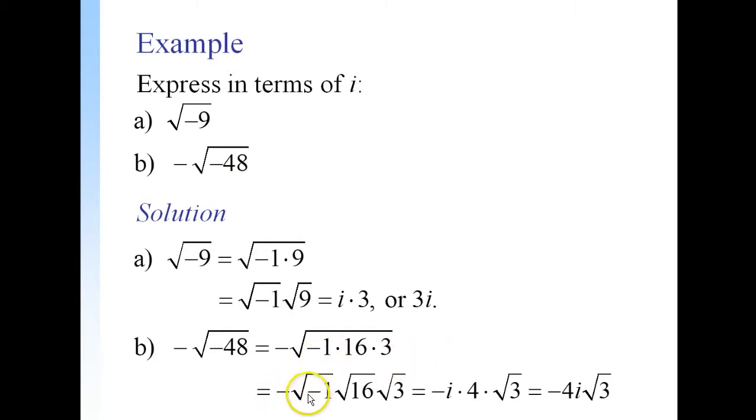We take out the square root of -1. Then we have the square root of 16 and the square root of 3. The square root of -1 is i. The square root of 16 is 4. And we have this. Again, we usually put the i after the number, and that's where we get this answer. I'd write this out, but I think this was pretty clear.